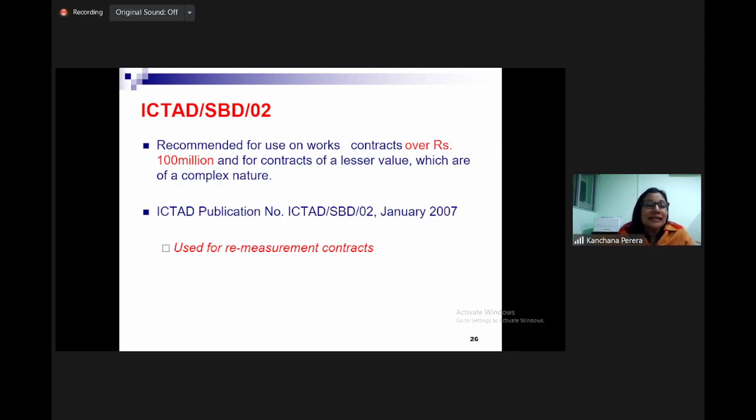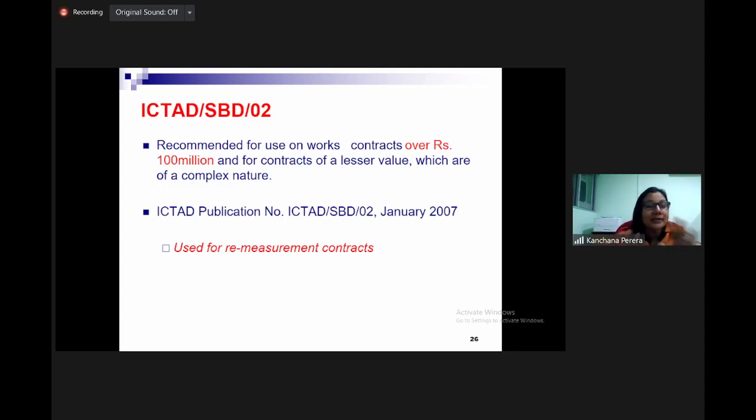But this year we do our contract only for 90 million, the construction of the substructure of that project. It is less than 100 million, but it's part of a very complex building. Therefore, we can go for SBD 02, justifying the complexity of the work.